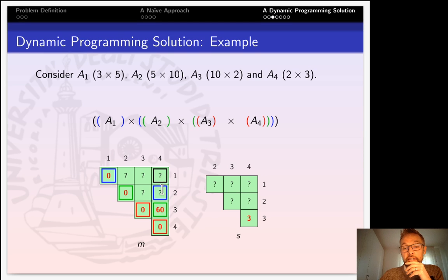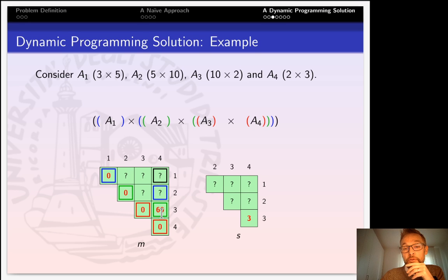Now we can try to solve again this problem, and to solve this problem we need to, okay, right now we know the solution, so we know how many scalar multiplications are required to solve this problem. We know how many scalar multiplications are required to solve this problem. So we need to sum up this value with the value corresponding to the minimal number of scalar multiplications required to solve this problem, so 60.